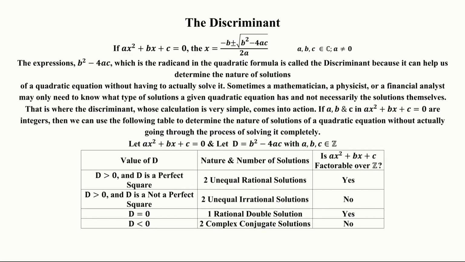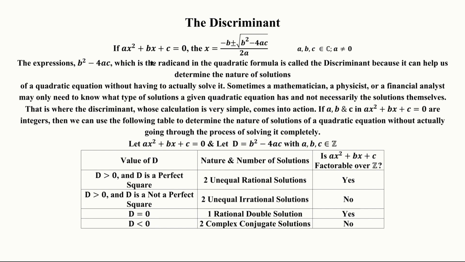All right, for the last topic of the day, we're going to talk about the most important part of the quadratic formula. Remember, the part that's going to tell us what kind of solutions we're going to have, right? Now, the expression b squared minus 4ac, which is basically the radicand in the quadratic formula, is called the discriminant because it can help us determine the nature of solutions of a quadratic equation as long as the a, b, and c are real rather than complex.